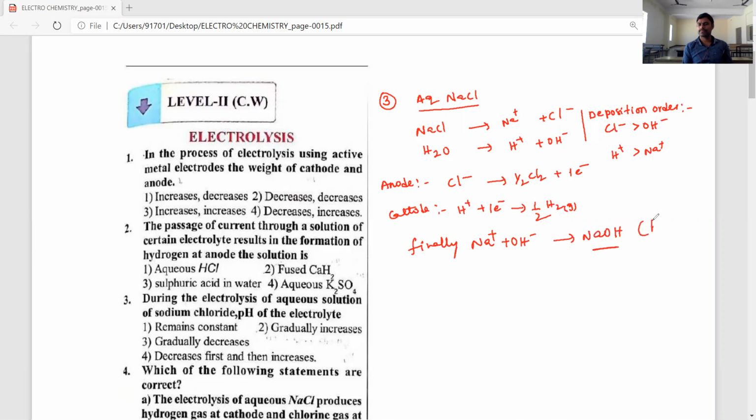This is a base, so its pH value increases, because for bases the pH is more than 7. Aqueous NaCl has a pH equal to 7 because it is neutral. So initially, before electrolysis, the aqueous NaCl solution has pH 7; after electrolysis, the resultant solution becomes basic, so the pH value gradually increases. So the answer is the second one.